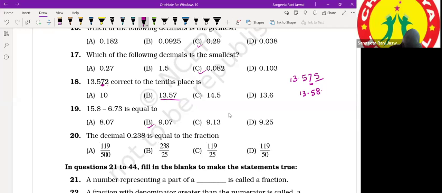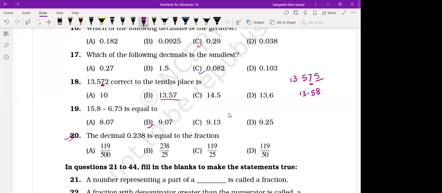The decimal 0.238 is equal to the fraction. Now, what is the fraction form of this? Yes, Adya? You write the fraction form and then reduce it to the lowest form. You can see these are all the reduced forms in the options. Hurry up, everyone must do. Adya, can you hear me? Tell me which is the option.